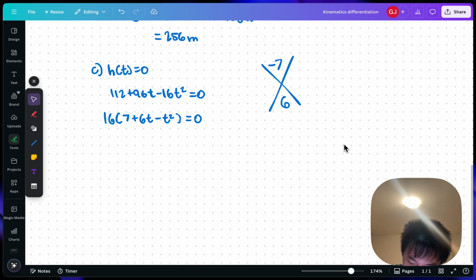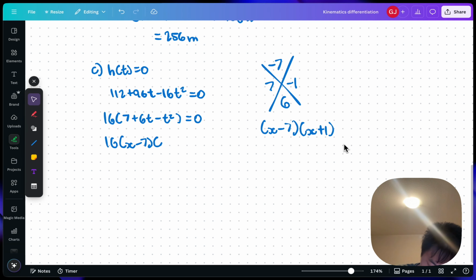So 7 and -1 would work here. So this would factor to (t minus 7)(t plus 1) equals 0.